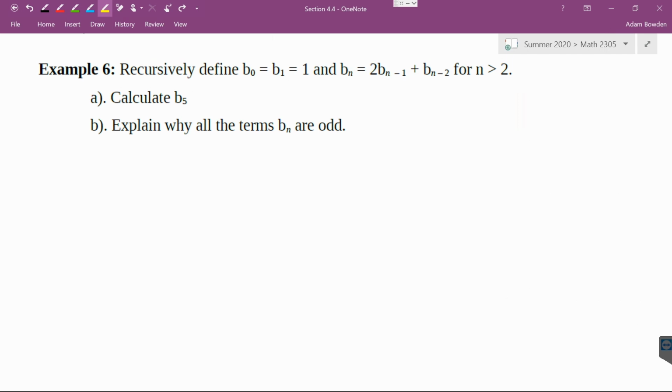For example 6, what we're going to do is define a recursive sequence with b sub 0 equals b sub 1 equals 1, and b sub n equals 2 times b sub n minus 1 plus b sub n minus 2 for n greater than 2. We're going to calculate b sub 5 and then look into why all the terms are odd.